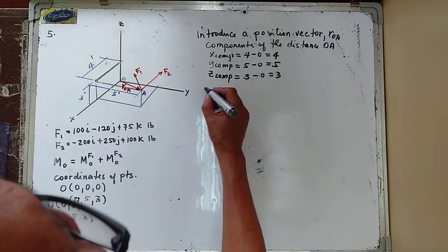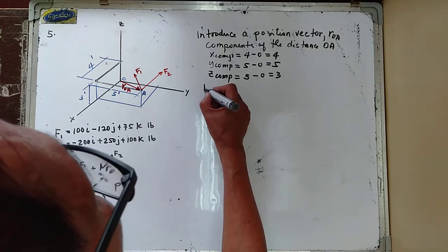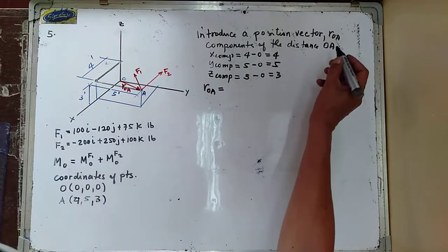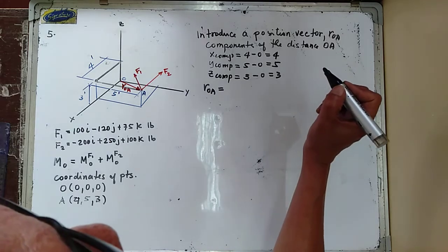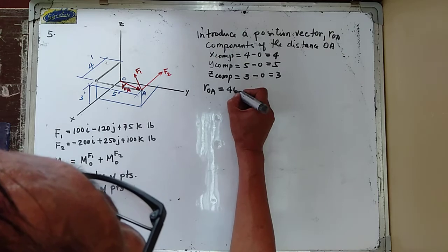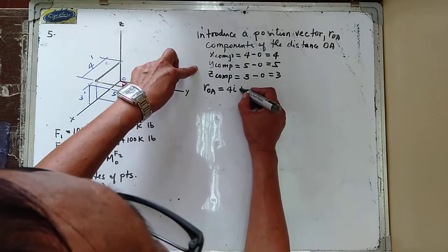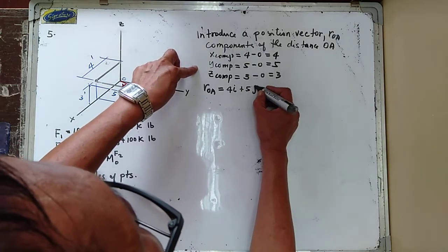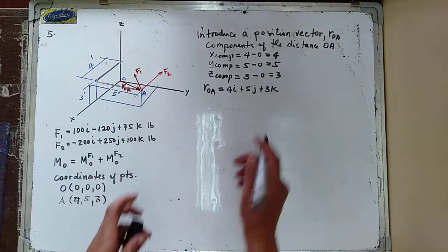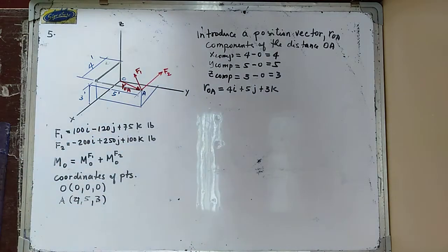Now, your position vector OA is equal to 4i plus 5j plus 3k. So that is the position vector.